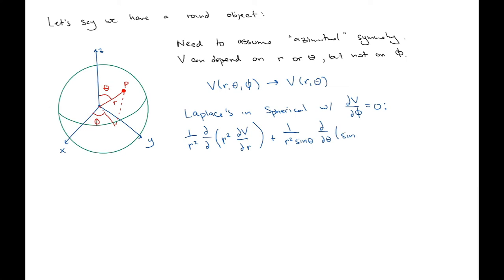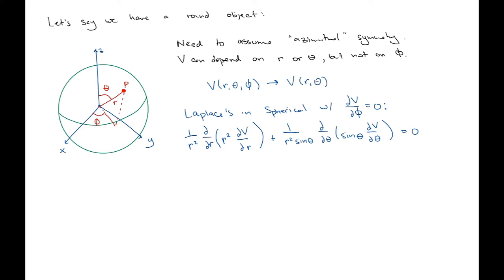And another sine theta in here, another partial derivative, okay, and that's all equal to 0. So it's more complicated, obviously, than Laplace's equation in Cartesian coordinates, but it's still a second order differential equation. I've got an r right here, because there's two derivatives with respect to each variable in each term.